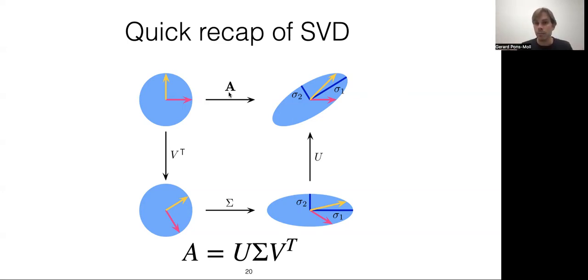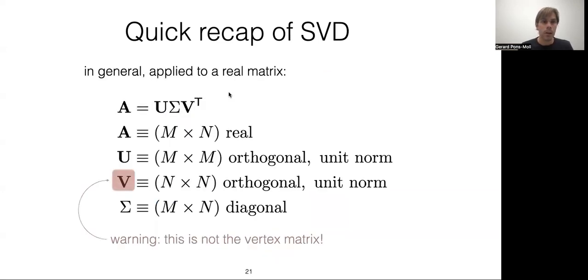So the SVD is going to be at the core of Procrustes alignment. Just to fix some ideas, basically, a matrix can be decomposed into the product of these three matrices. This SVD can be applied to any matrix. It doesn't need to be a square matrix. It can be M times N. We're going to deal mostly with real matrices for geometric problems.